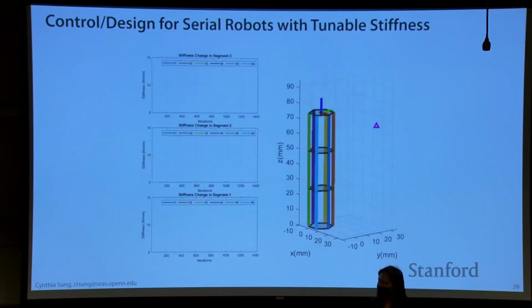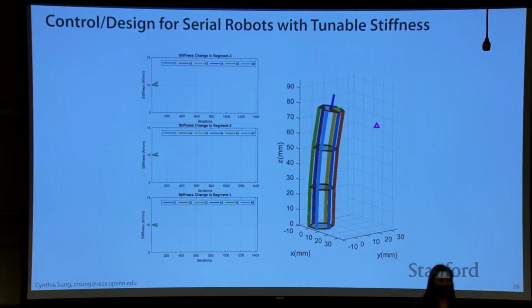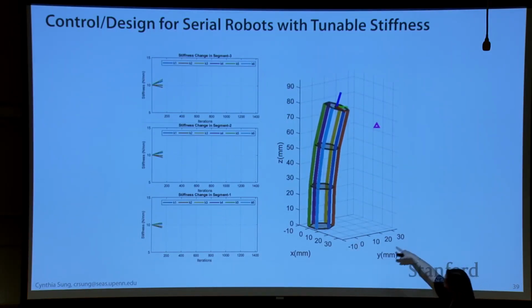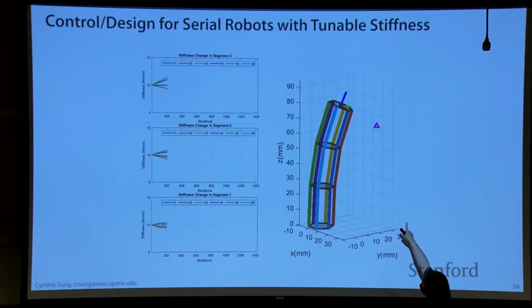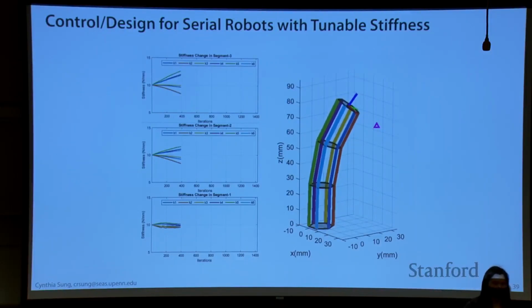So here's an example where I have a 3-link manipulator arm and I want it to converge to that purple triangle when I just pull on a tendon down the middle, so there's only a single actuator input here.